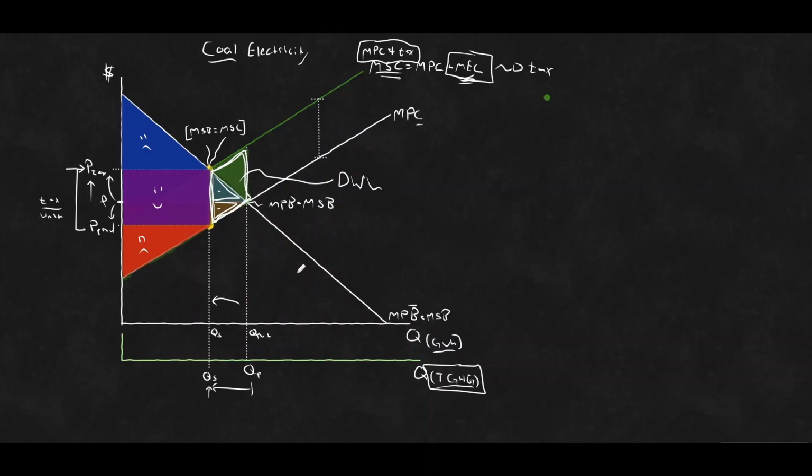On whole, society is better off by having this tax in place because we're no longer having all of this excess pollution. However, the cruel irony of it is, even though society is better off, producers look at their bottom line and they go, well, I feel worse off, so I don't like this tax.